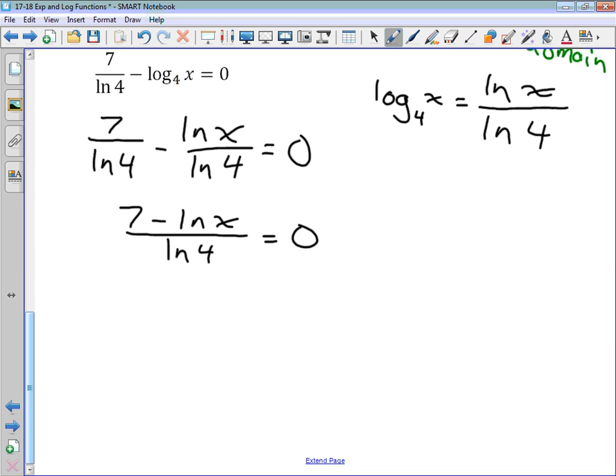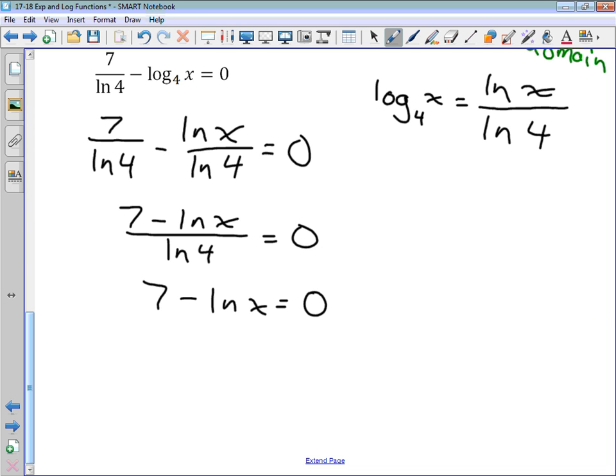What would I do from here if I wanted to solve for x? Keep going, Luca. Yeah, cross multiply by the ln 4. It's just a number. Okay, so I cross multiply, I get this.